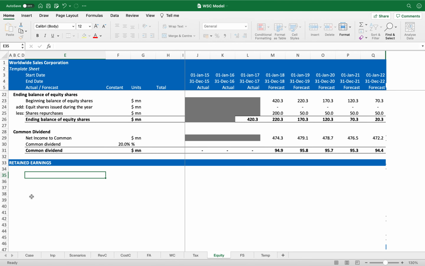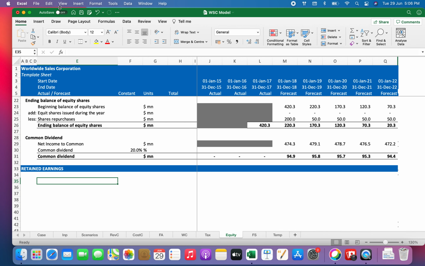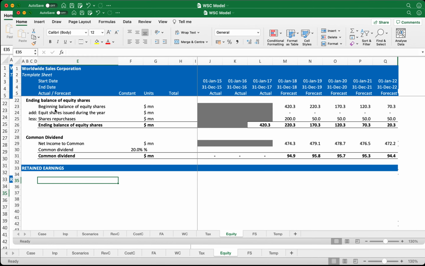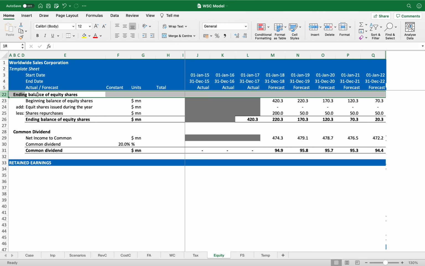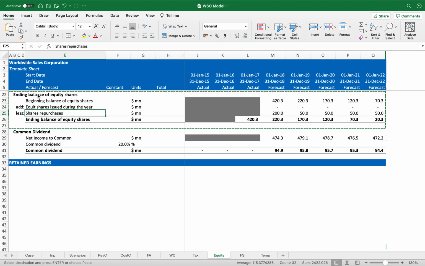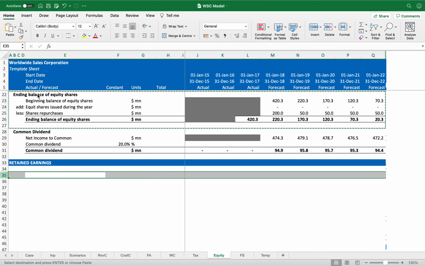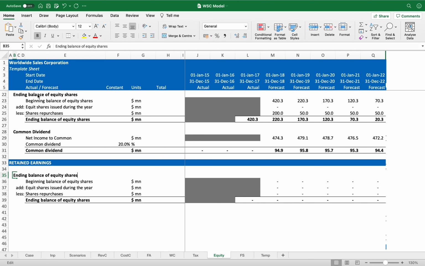Same schedule. So let me just copy this schedule from here, and I'll change the wordings. So this will become ending balance of retained earnings, beginning balance of retained earnings, add. Now what will increase my retained earnings?